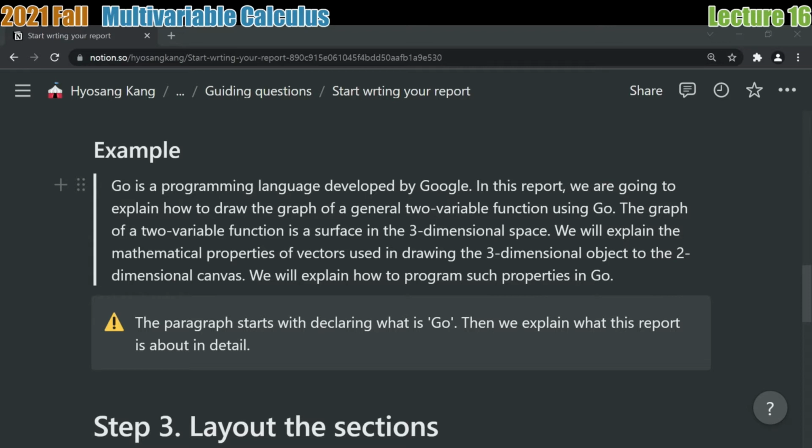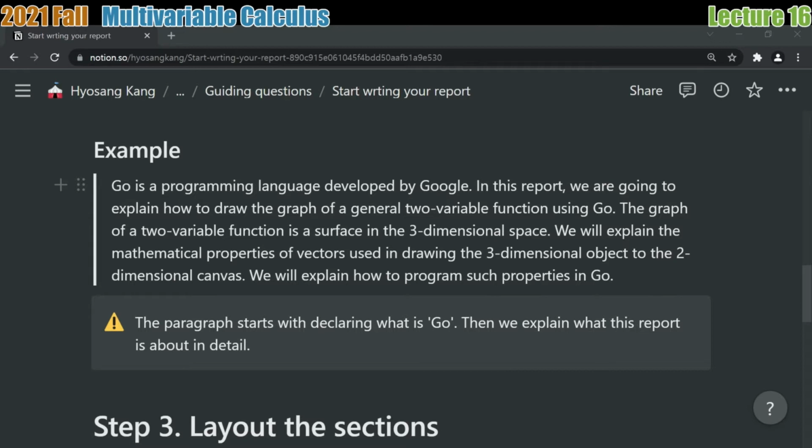So we will explain the mathematical properties. So I explained what the graph is, and another question is why you care about graphing the two variable function. So I'm explaining why. We will explain mathematical properties of vectors used in drawing the three-dimensional object to the two-dimensional canvas.